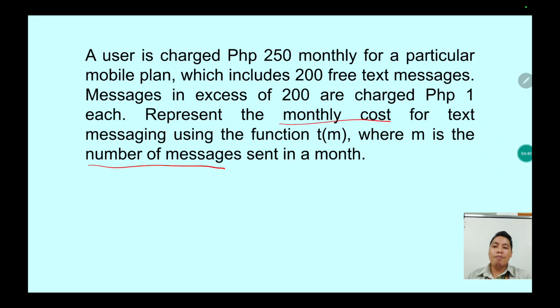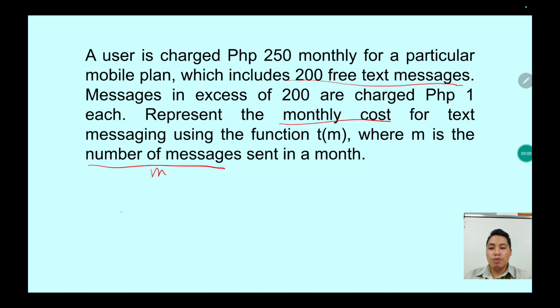So if you see the number of messages, our M, we have to consider the interval. This includes the 200 free text messages. Of course, if you use less than that, you still pay the charge of 250 pesos.